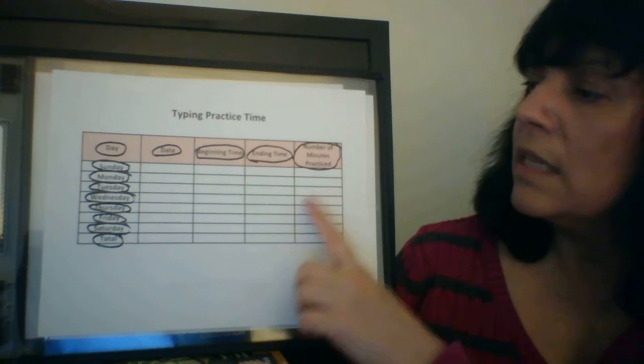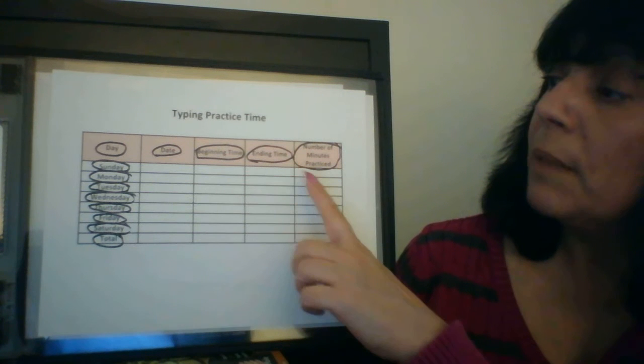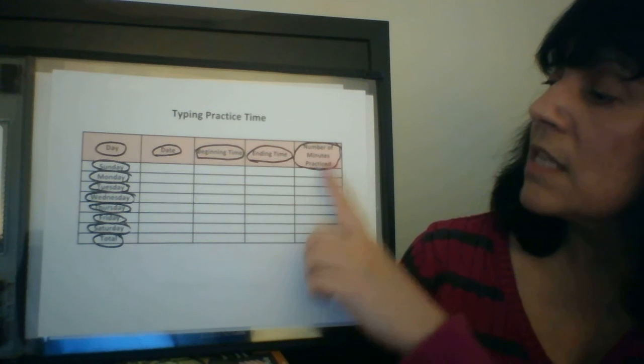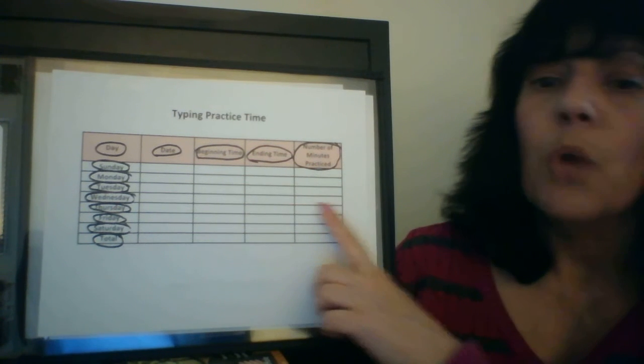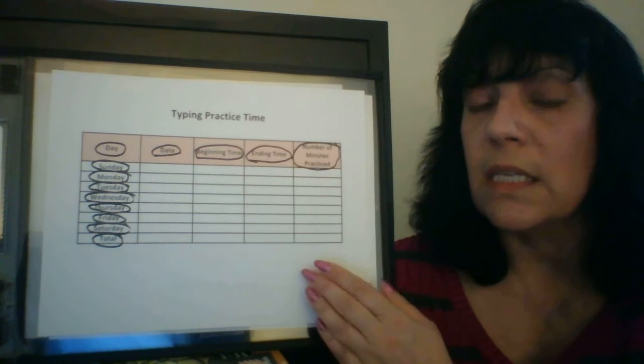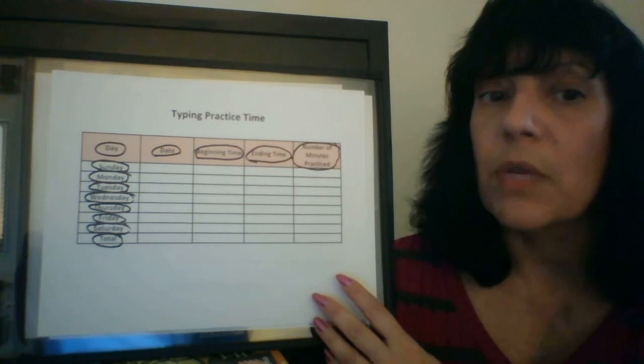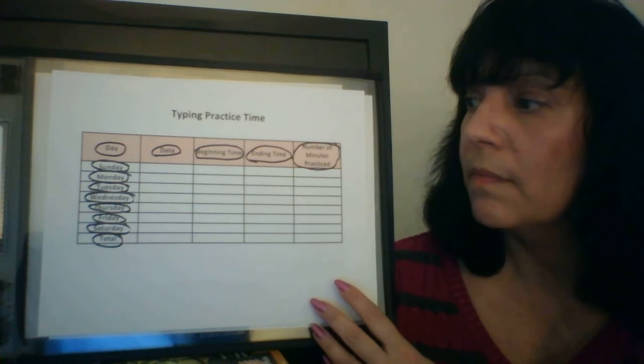Notice that in the labels, there is no mention of typing practice time. It just says number of minutes practiced. We know from the title that the practice time stated in this column is going to be typing time because that's the name or the title of this table.